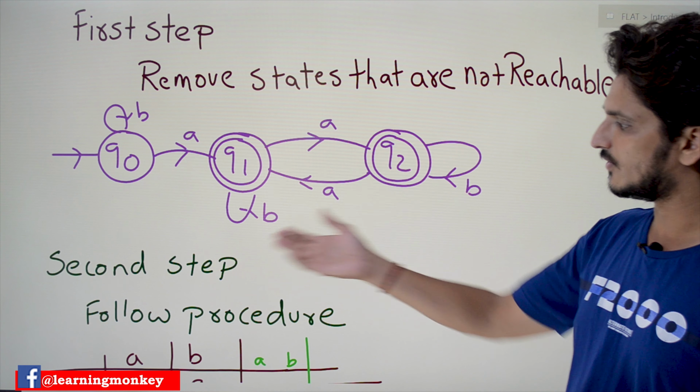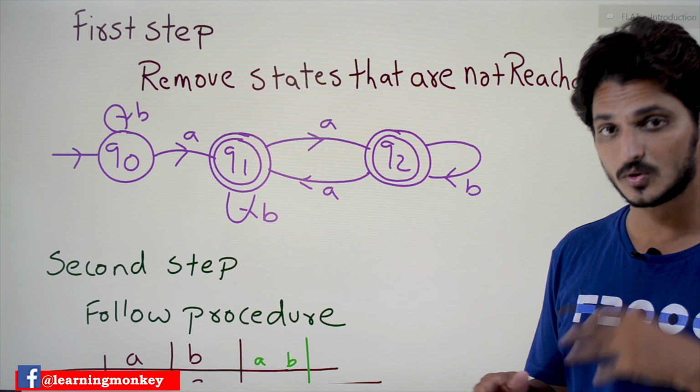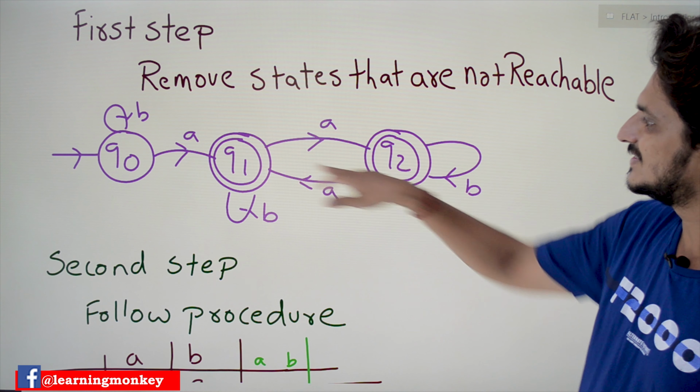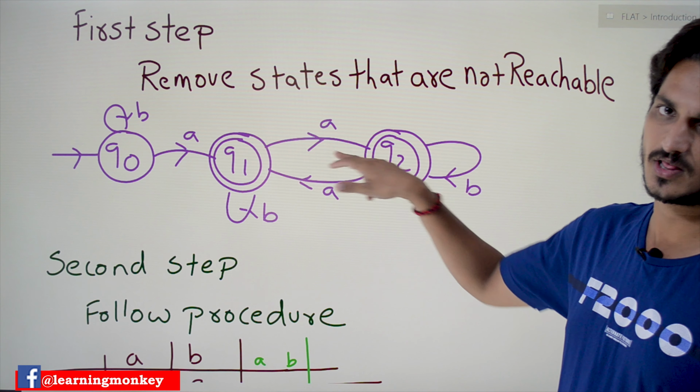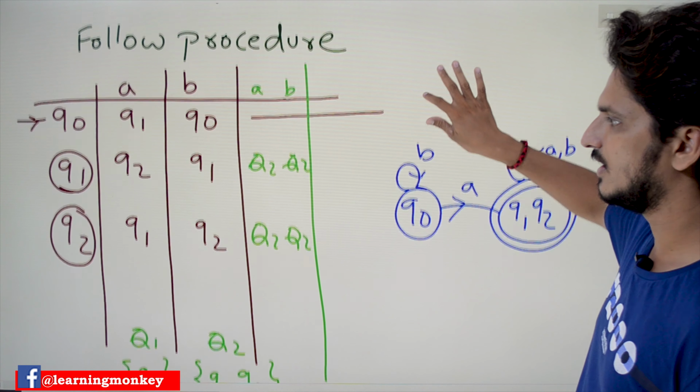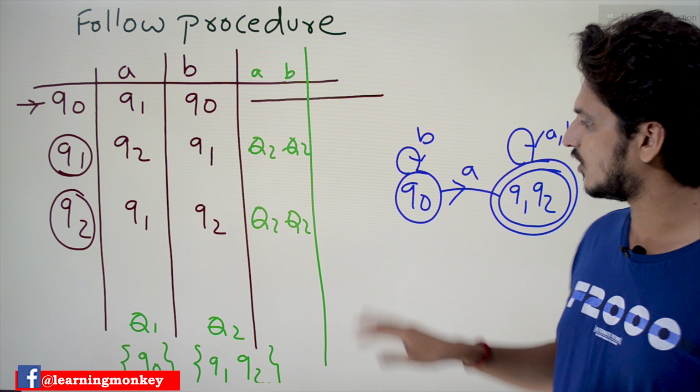Now our second step is to follow a procedure on this DFA. What's our procedure? Just separate the final and non-final states.